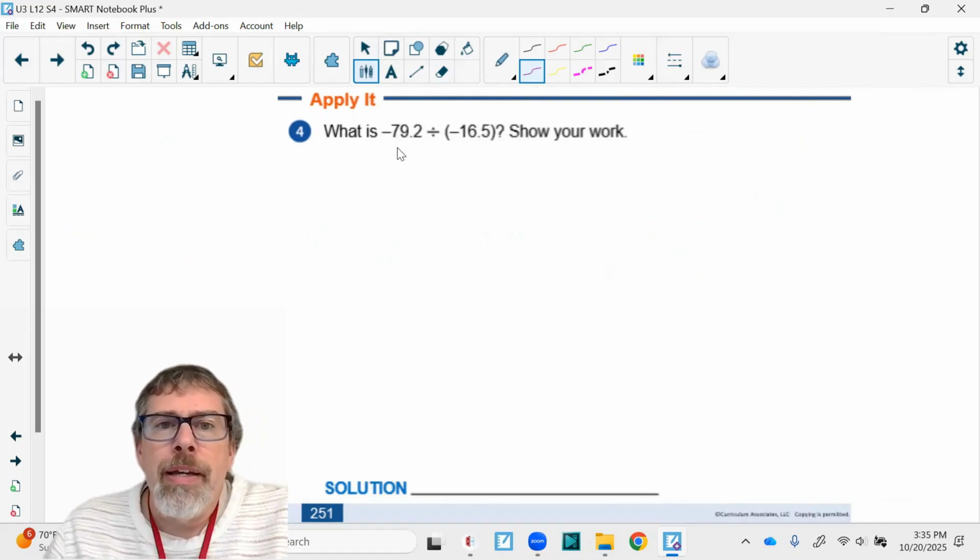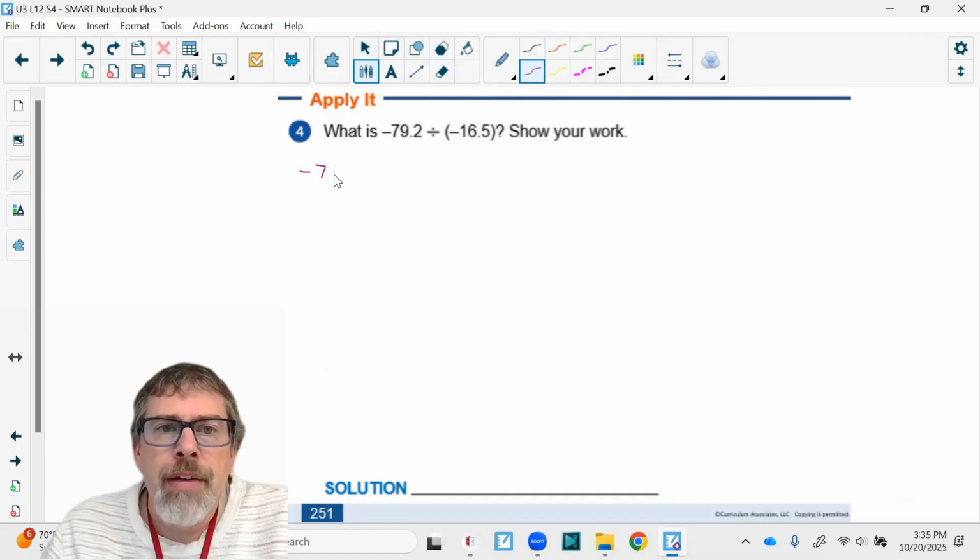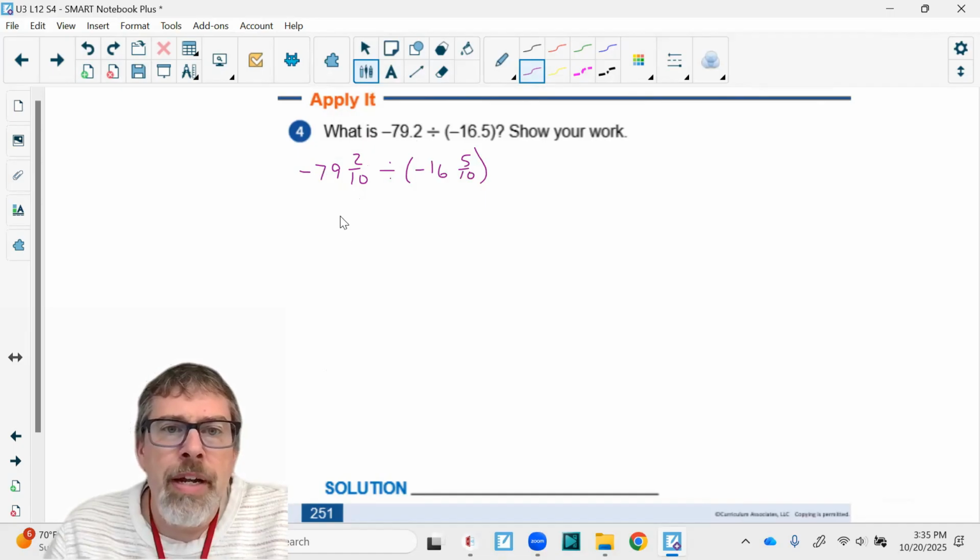So next one, apply it. It's a division problem. Okay. Let's see. I'm going to make this a fraction. Negative 79 and 2/10 divided by negative 16 and 5/10. And I'm going to make these improper. 79 times 10 is 790, plus 2 is 792 over 10, and it's negative.